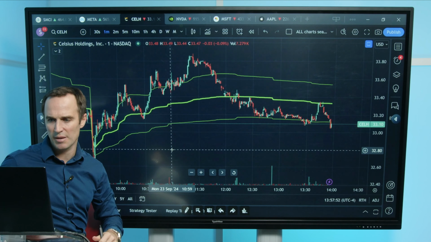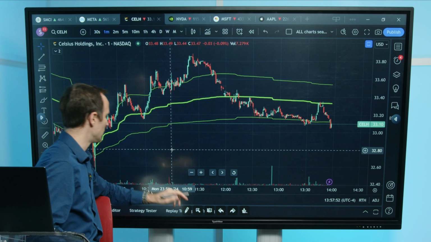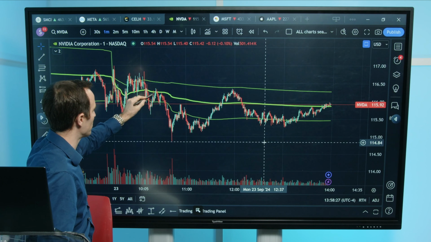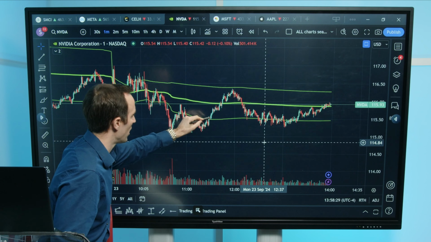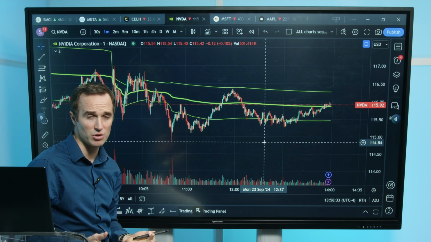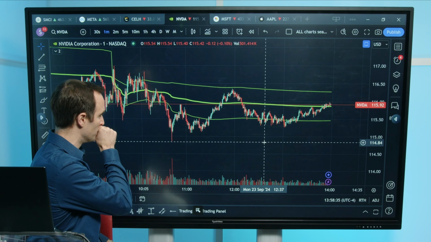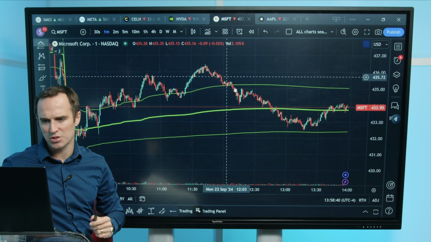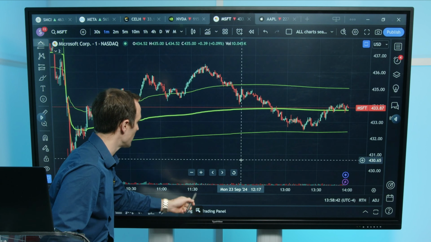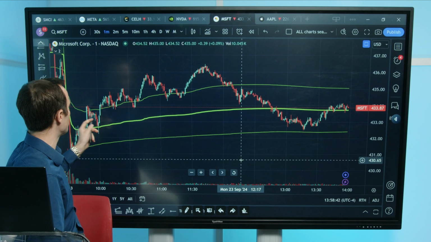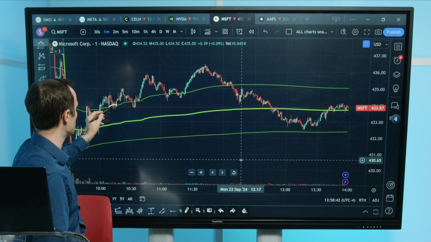Nvidia is another example where, again, it kind of chopped around here on this multiplier band and didn't give us a definitive direction that it was going to move. Excuse me. So here's Microsoft, and you can see that Microsoft follows the multiplier band a bit closer than the previous.